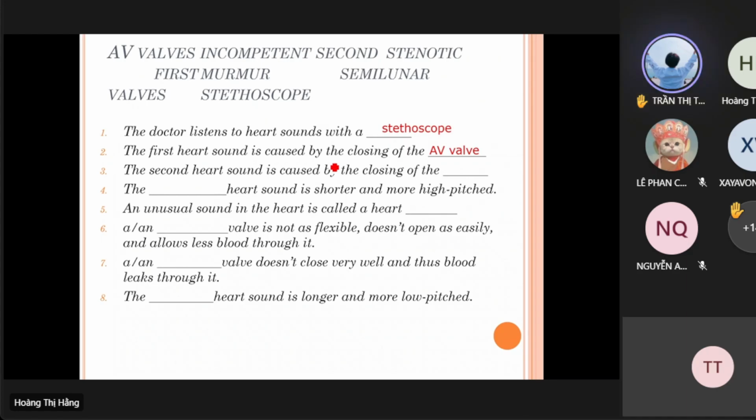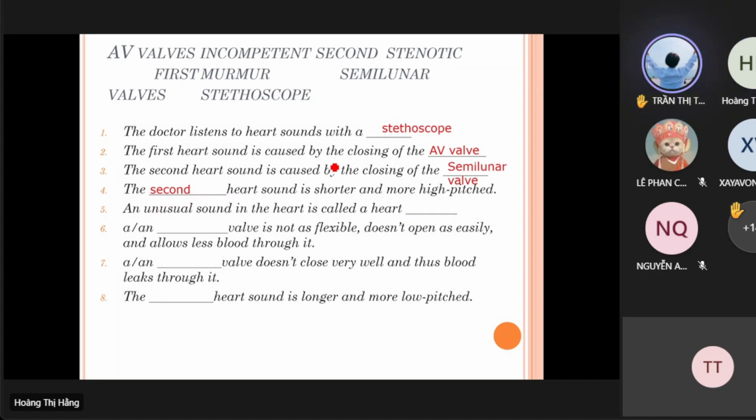And the second heart sound is caused by the closing of the semilunar valve. Good. And the second heart sound is shorter and more high pitched. Good job.